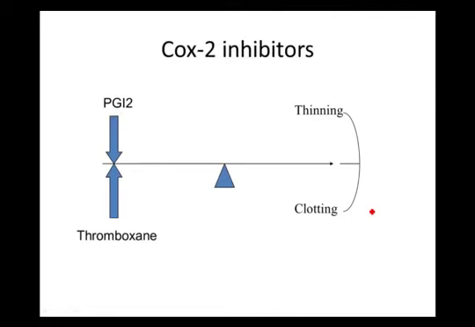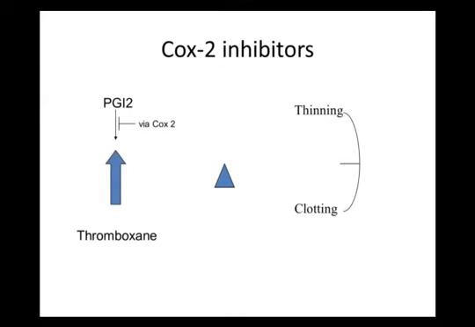Now, when you supply your COX-2 specific inhibitors, the balance shifts. Again, here's our baseline. Add COX-2 inhibitor. Dramatically reduce PGI2. No effect on thromboxanes. We shift that cascade to favor a clotting mechanism, right?